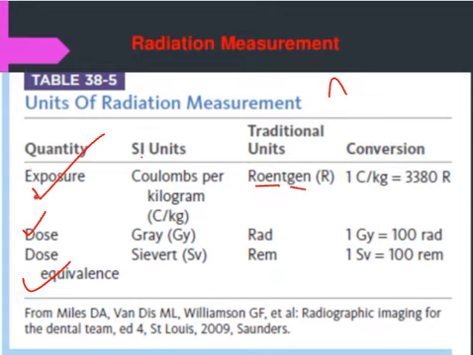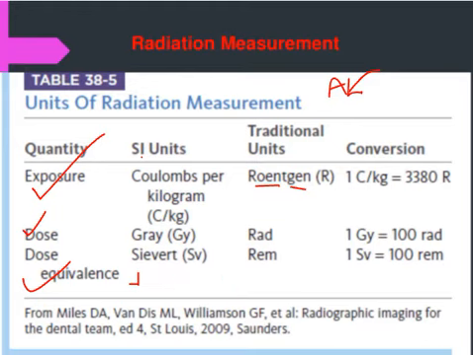So, exposure to radiation is the amount of radiation a patient is exposed to, and the number of units of radiation the patient absorbs is called the absorbed dose, or dose. Dose equivalence is the sum of all the radiation that the patient is getting exposed to.